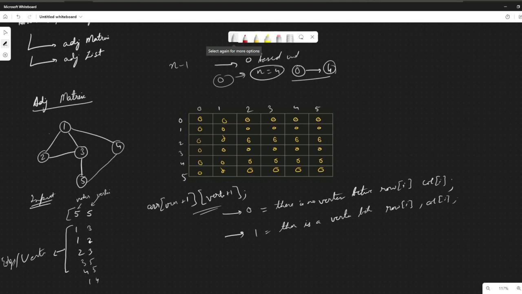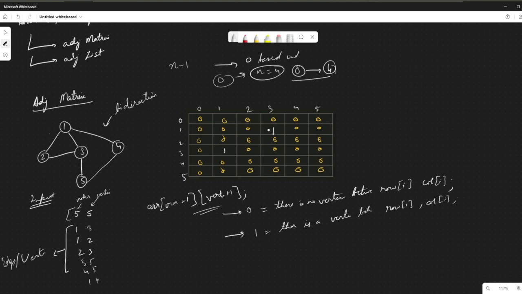So now our first input comes, 1 3. There is an edge between 1 and 3, so we take 1 and 3, basically 1 at third row. So there is an edge present, so we put 1 here. And this is a bidirectional graph, so we also put, basically third row and first column, 1 also.